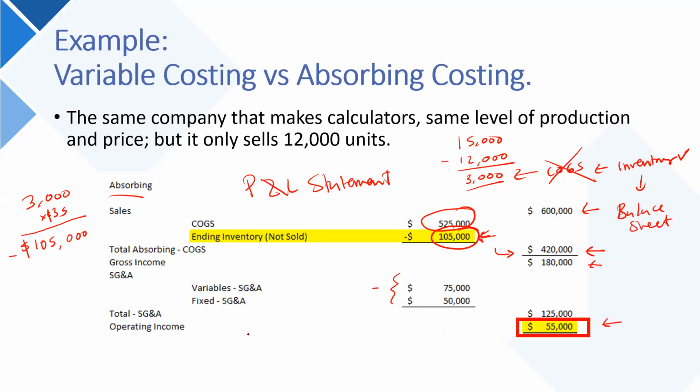Great. Now let's see the variable cost. What do you think is going to happen with variable cost? Well, if you remember, in the absorbing costing you have fixed and variable cost mixed per category. That is a category of production or a category of operation.